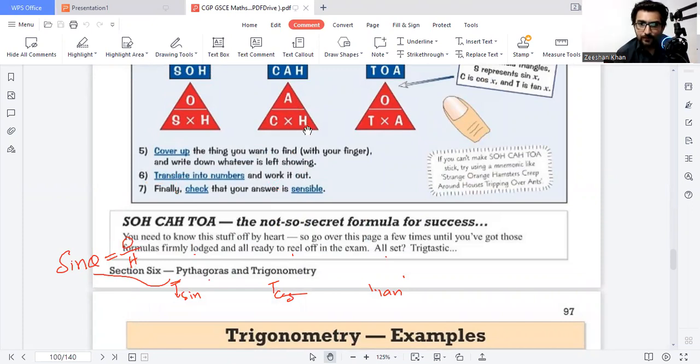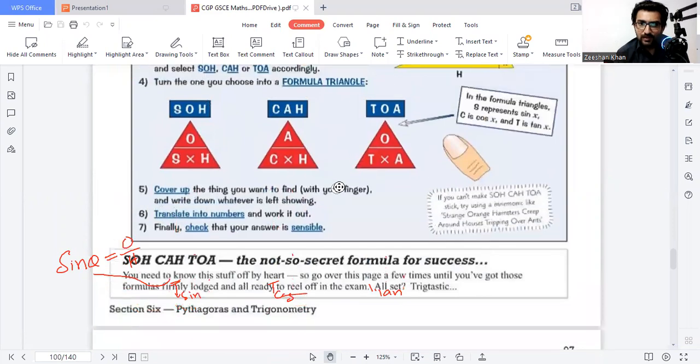So this is how you can memorize. You just memorize these three, and then you will be able to use them.